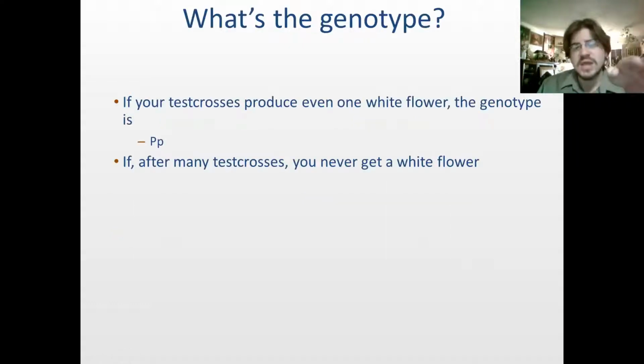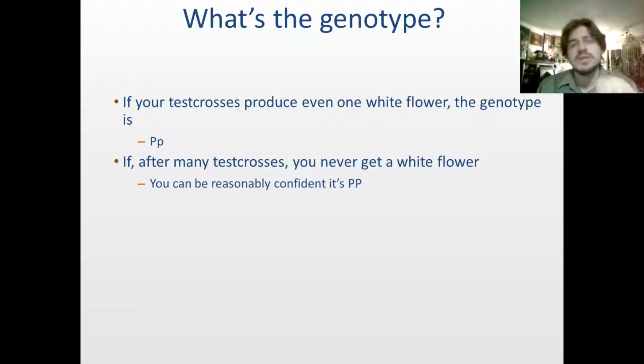If after many test crosses you never get a white flower, you can be reasonably confident it's homozygous dominant. However, you can never be absolutely sure because the laws of probability are in play here. And probability means it's random.